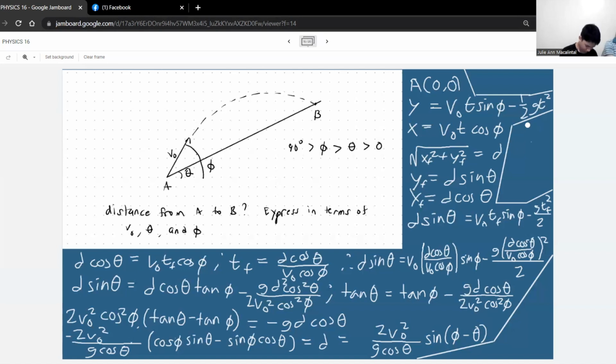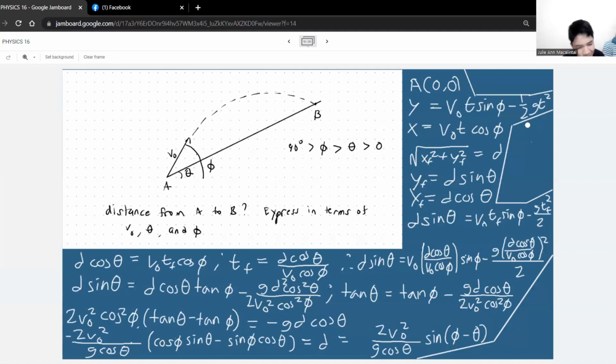So, G cosine theta. Yung cosine squared theta, pag minultiply sa tangent theta minus tangent phi. So, cosine squared phi, tangent theta. Bakit ganon?